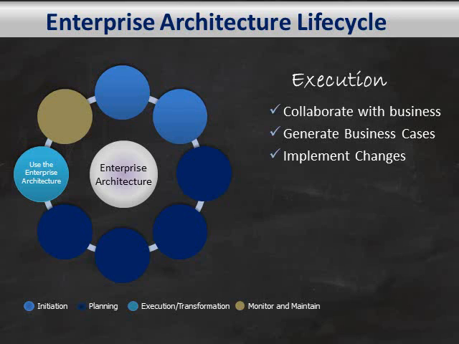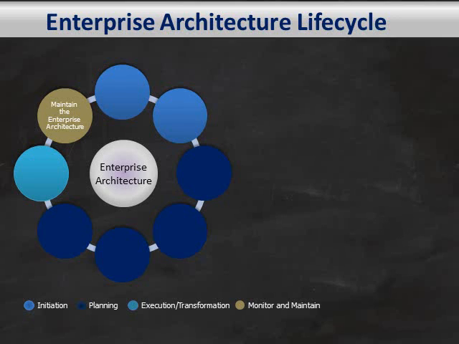Introducing new technologies requires a business case and a return on investment that is presented to the governance committee. The execution phase is where the majority of time is spent once the planning phase is approved by the governance committee.